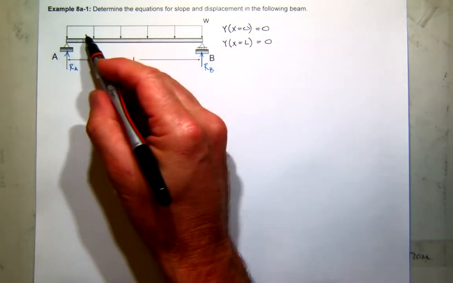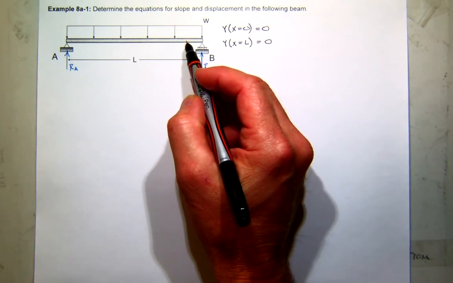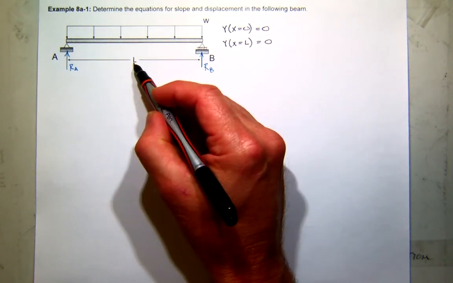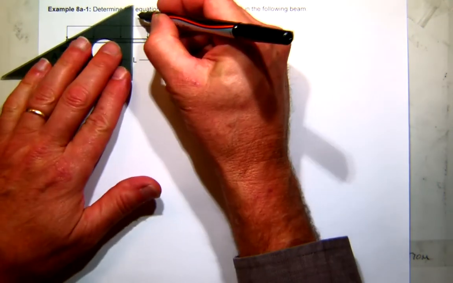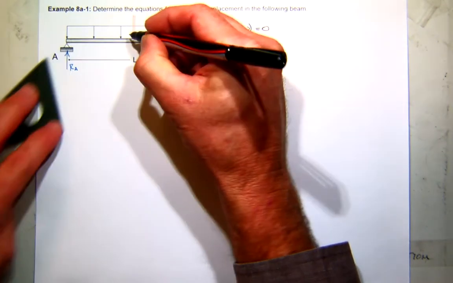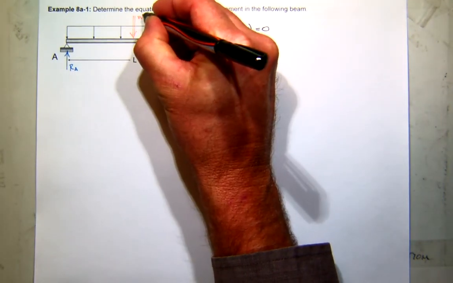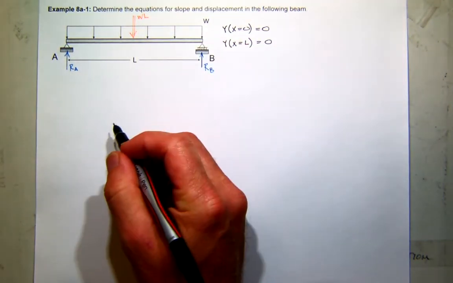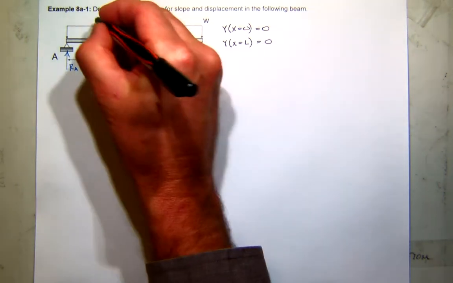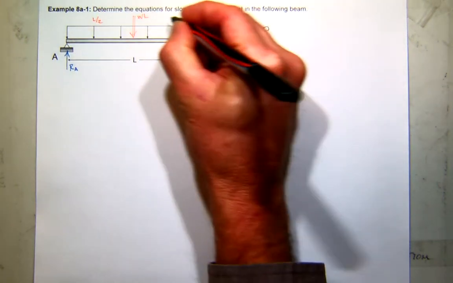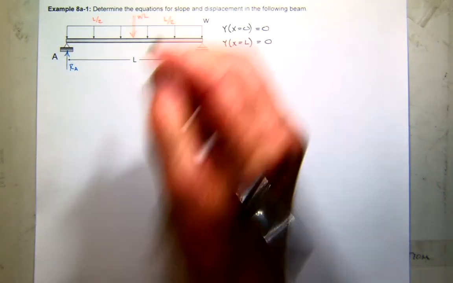So what's the area under the loading curve? Well, it's a rectangle, so it's base times height. So I'll have an equivalent load of WL. And where's the centroid for that? Right in the middle, half the distance. So that's L over 2, depending on what side you want to work from.